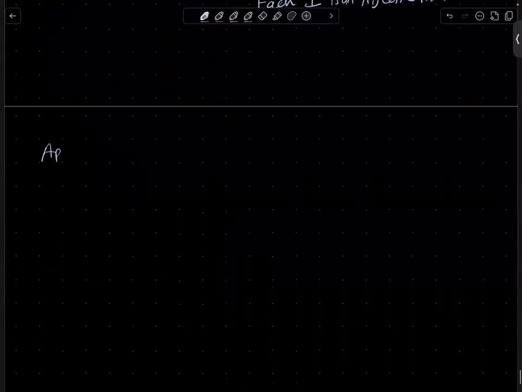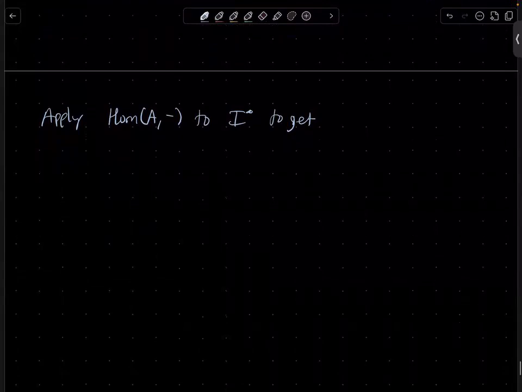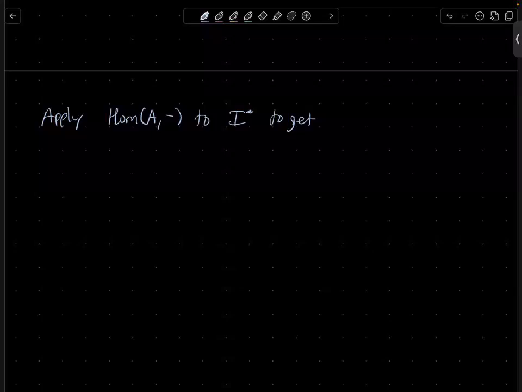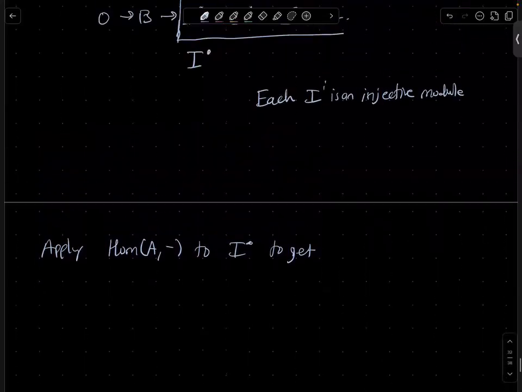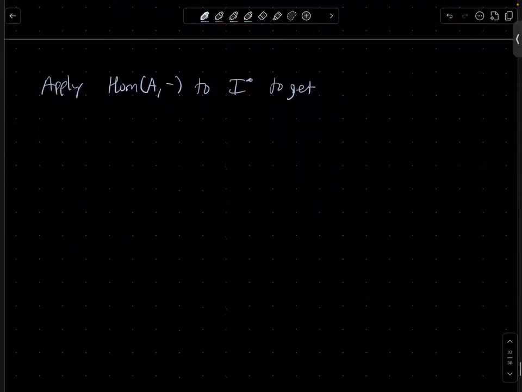So apply Hom A dash, no, other way around, that's the contravariant one. Apply Hom A dash to I bullet to get this cochain complex. Now it no longer is exact, because this Hom functor is only left exact. So something will change. And anyways, this was possibly a lengthy sequence.